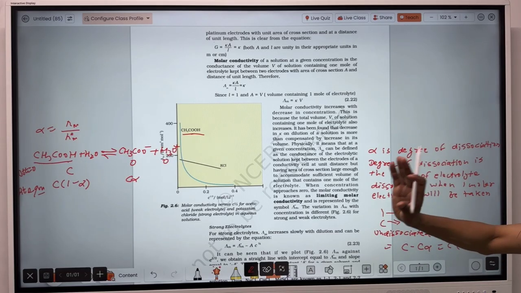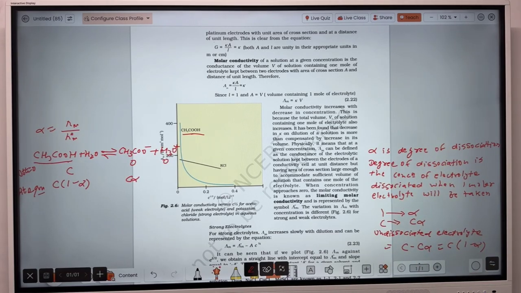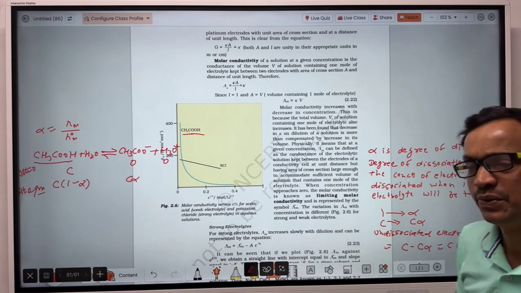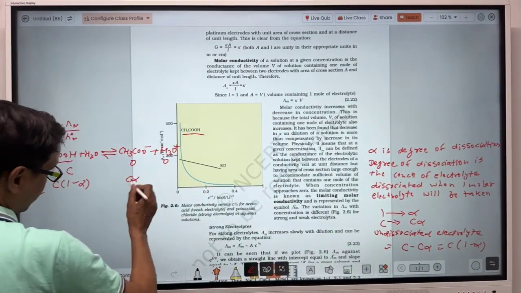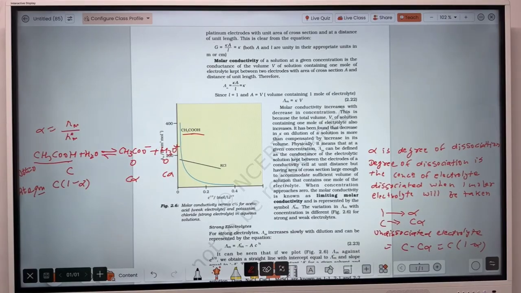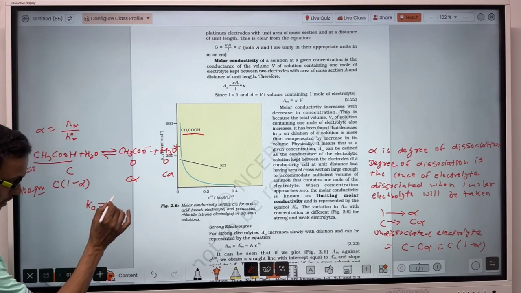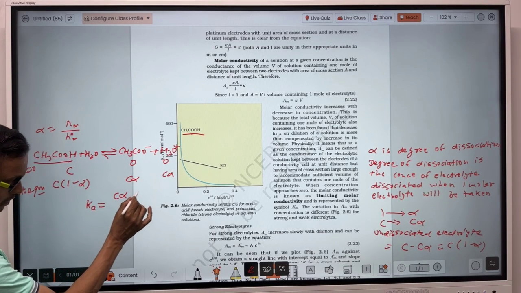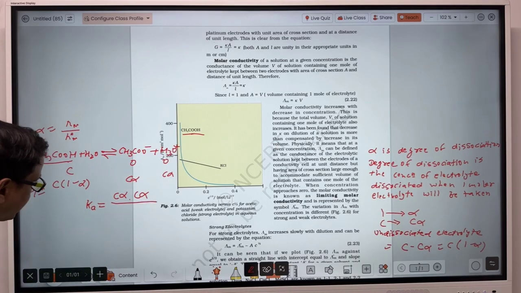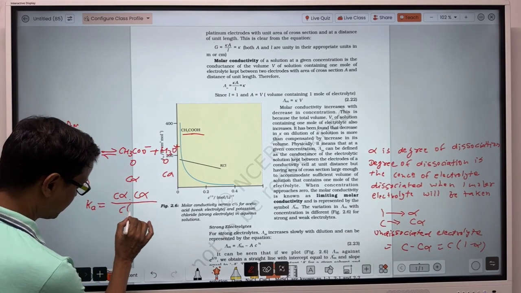So if C mole of acetic acid is taken, then C alpha of acetate ion and C alpha of hydronium ion will form. I hope there is no problem. So Ka, the dissociation constant, will be equal to the concentration of acetate ion into the concentration of hydronium ion, upon the concentration of acetic acid.